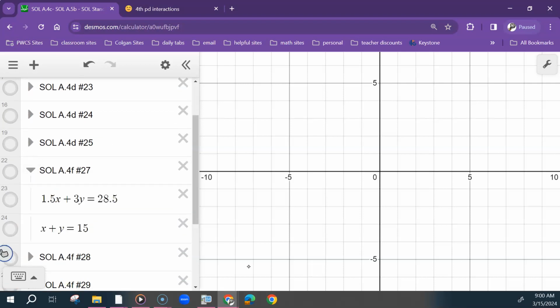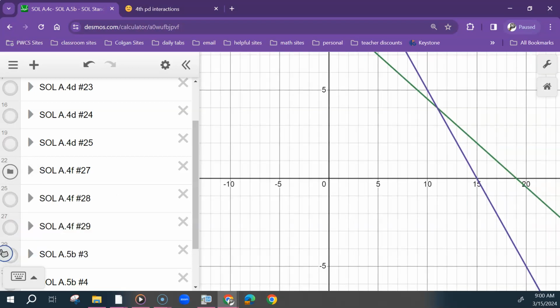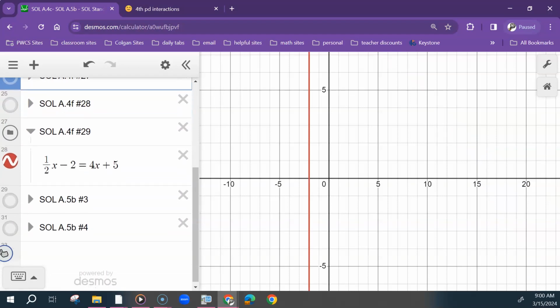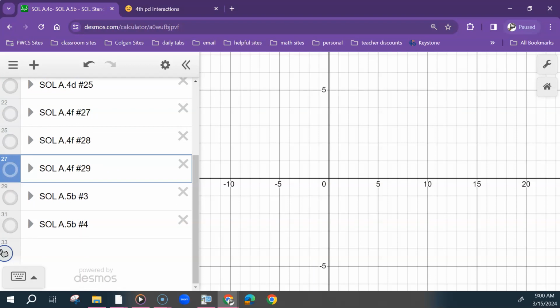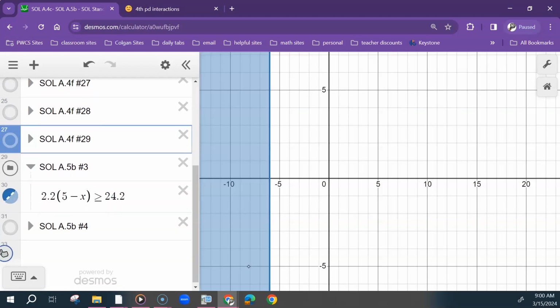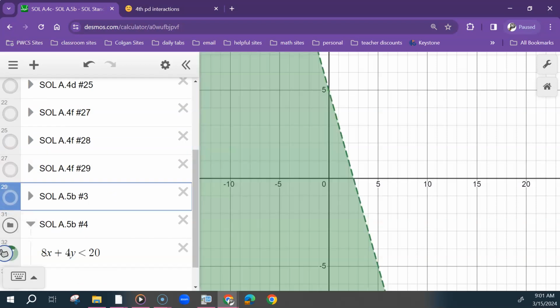If you change your variables or make them x and y, look at where they cross. For 28 and 29, you can look at what that solution would be. And anything that's linear or an inequality, you can graph it and see where that would be.